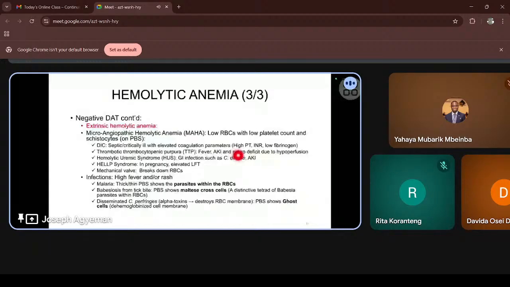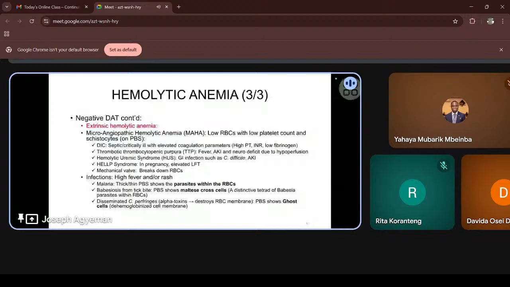All the things that point towards the person likely to bleed will show in disseminated intravascular coagulation, and it occurs in sepsis and any other critical illness. So these markers will be there: coagulation parameters, plus low RBC, plus thrombocytopenia, plus schizocytes, shattered red blood cells on peripheral blood smear. So that is one possible cause of MAHA.